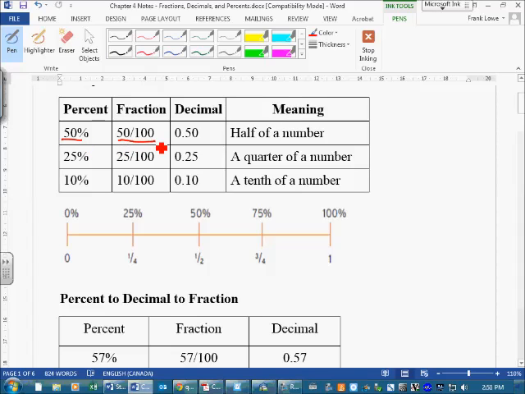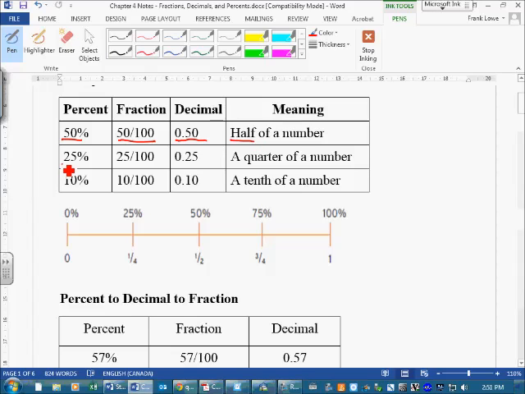And we can go back and forth there, right? We would express that as a decimal, 0 and 50 hundredths or 0 and 5 tenths. 50% always means half of a number. Every time you see 50%, and we want to find 50% of anything, it's always half.